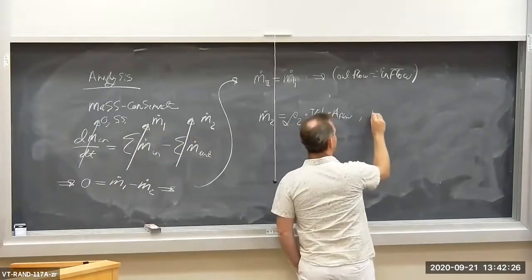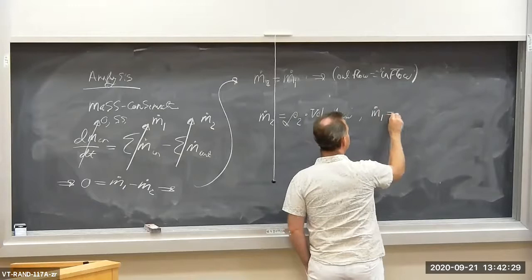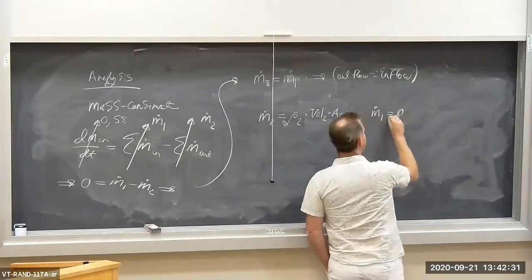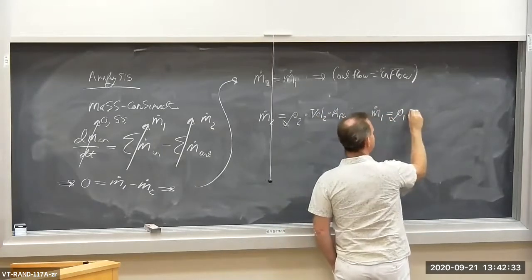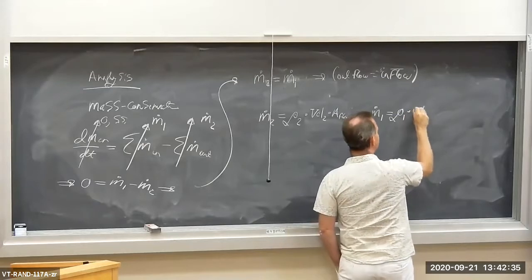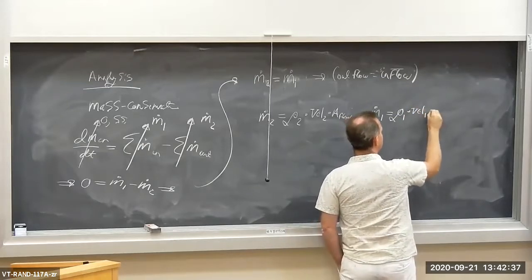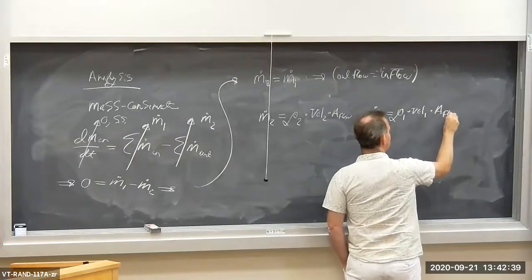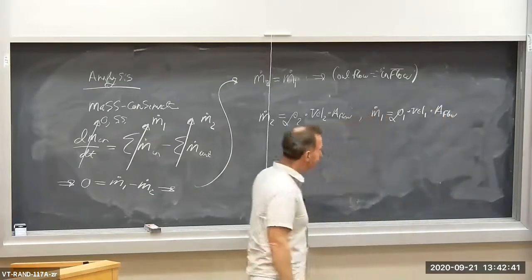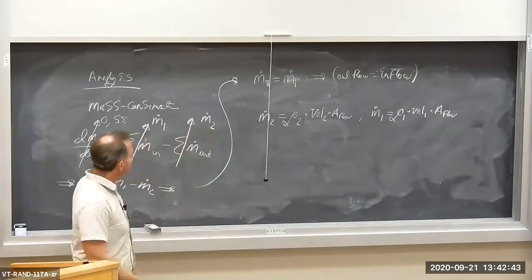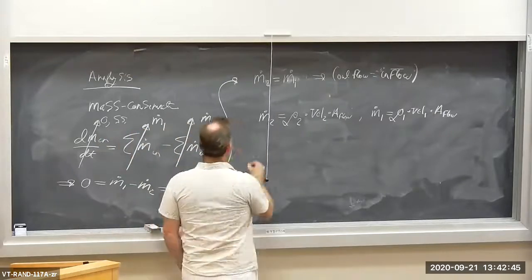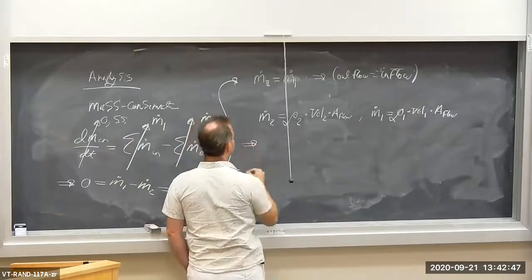Same thing for m.1. The inlet mass flow rate is equal to the density at the inlet times the velocity at the inlet times the flow area, which is constant throughout the duct. Let's make the substitution into our mass balance.